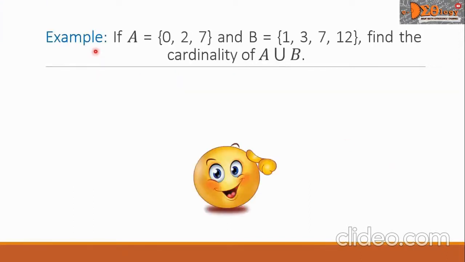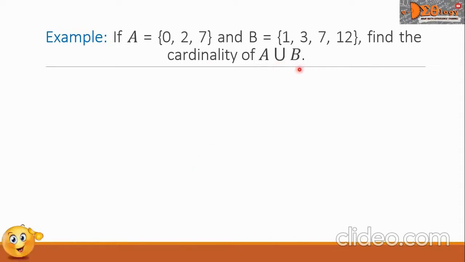Let us see this example. If set A equals {0, 2, 7} and set B equals {1, 3, 7, 12}, find the cardinality of A union B. First, let us write A union B. Let us write all the elements of sets A and B together.